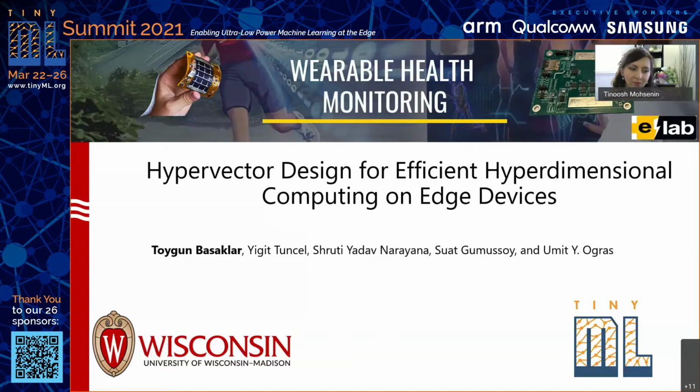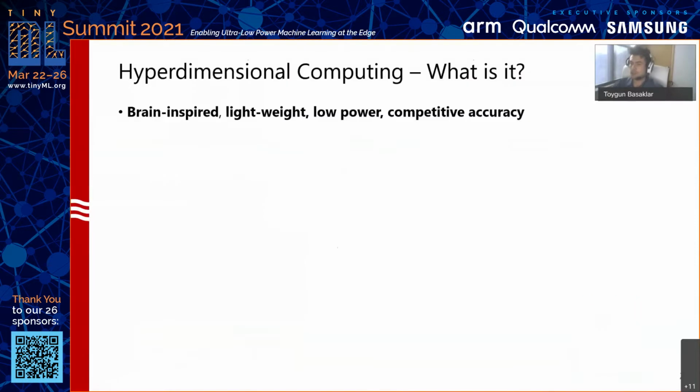Thank you for the kind introduction. I'm happy to introduce our work today, entitled Hypervector Design for Efficient Hyperdimensional Computing on Edge Devices. Let's start with a simple question. What is hyperdimensional computing?